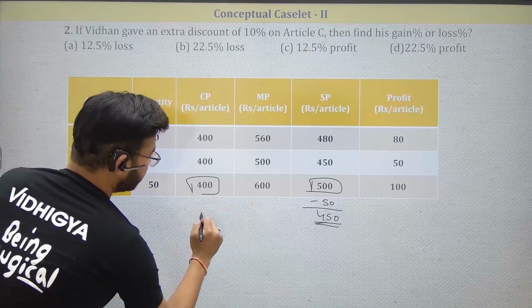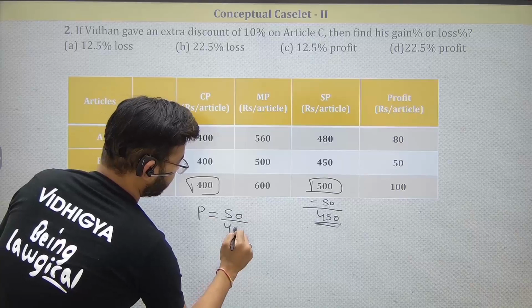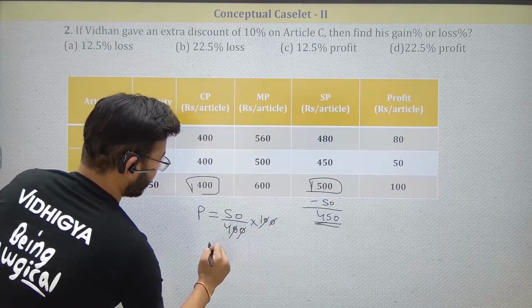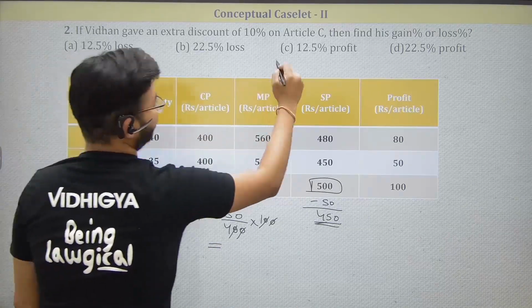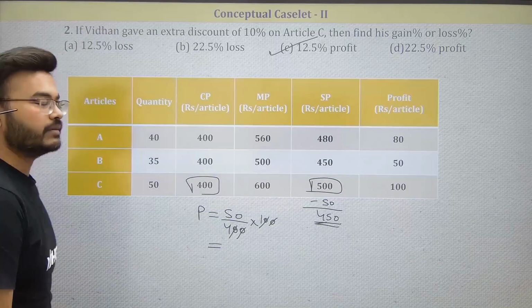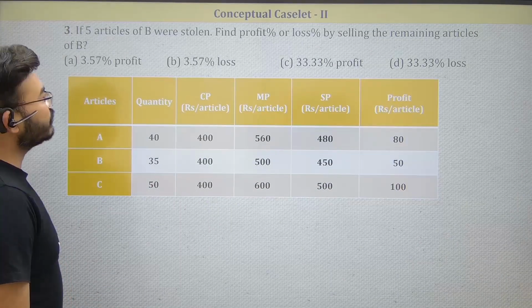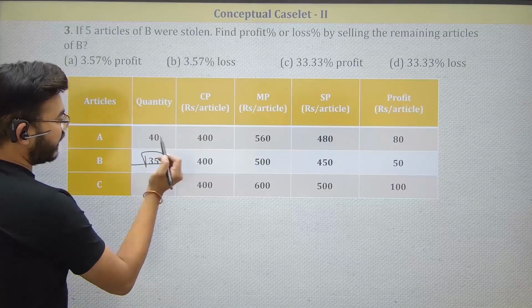So he is gaining a profit of 50 rupees on 400 rupees into 100. So this becomes 12.5% profit.